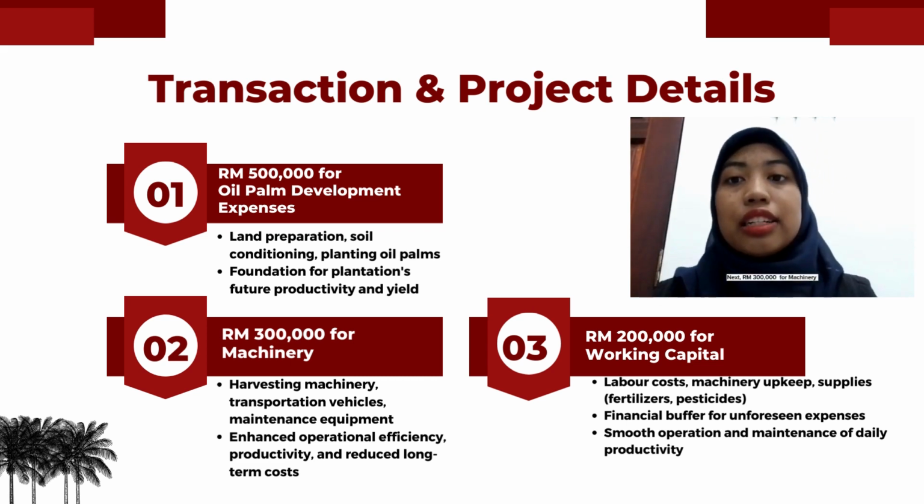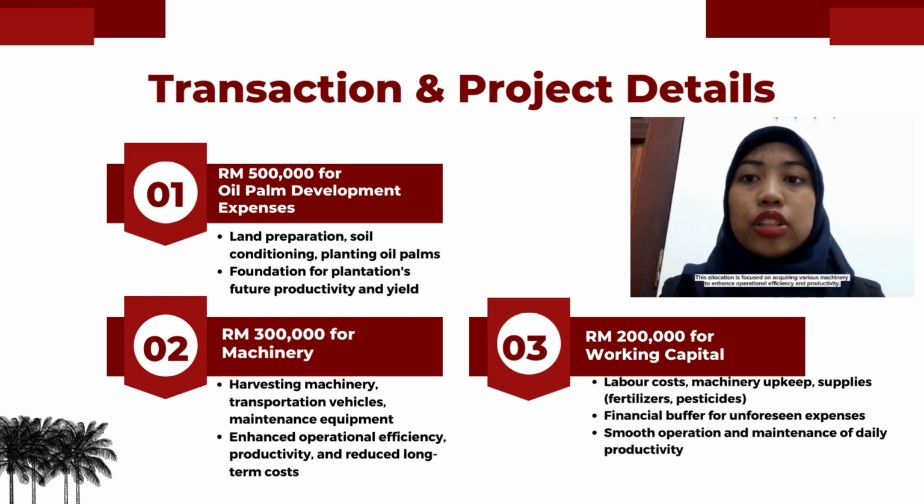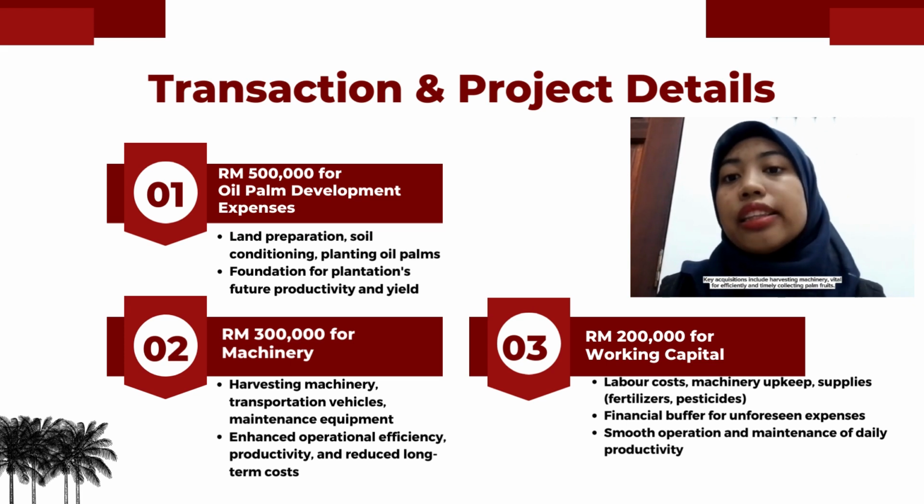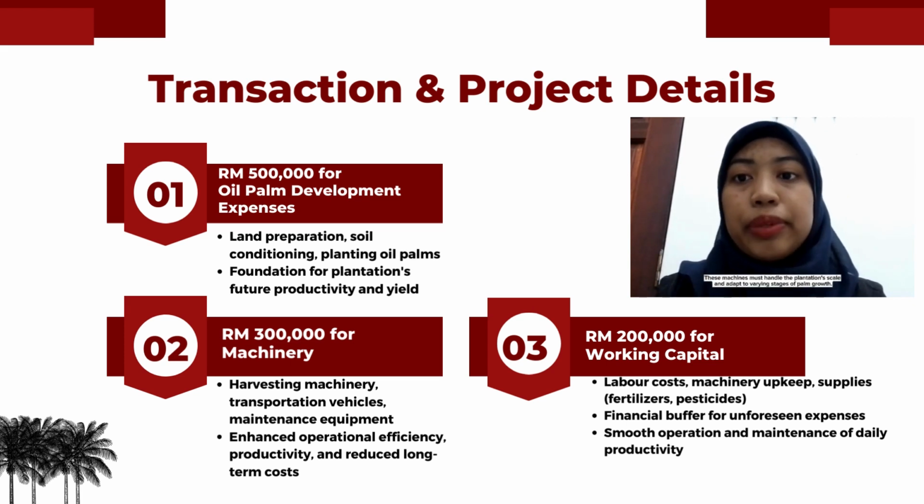Next, 300,000 ringgit for machinery. This allocation is focused on acquiring various machinery to ensure operational efficiency and productivity. Key acquisitions include harvesting machinery, vital for efficient and timely collection of fruits. This machinery must handle the plantation's scale and adapt to various stages of plant growth.